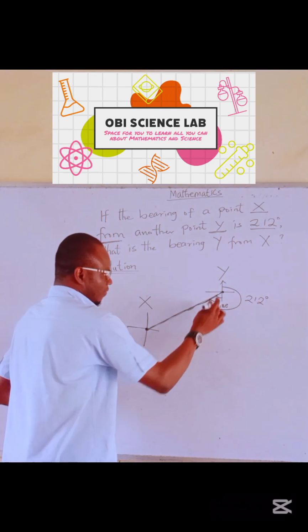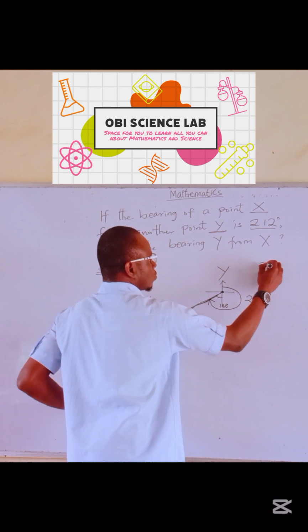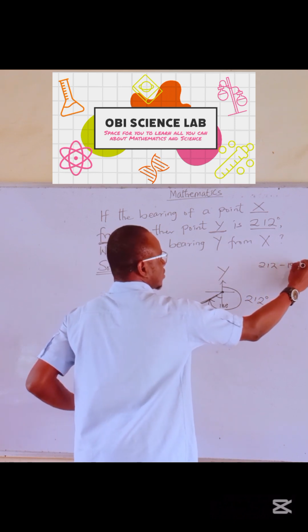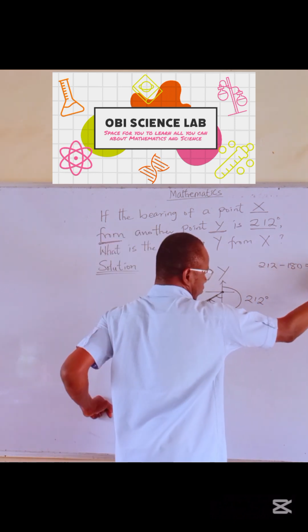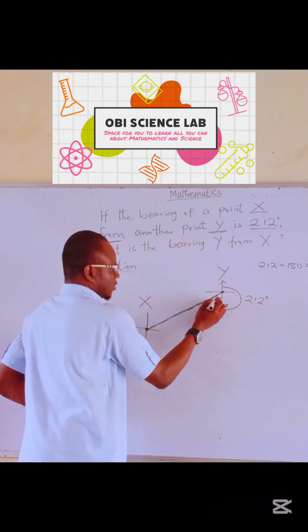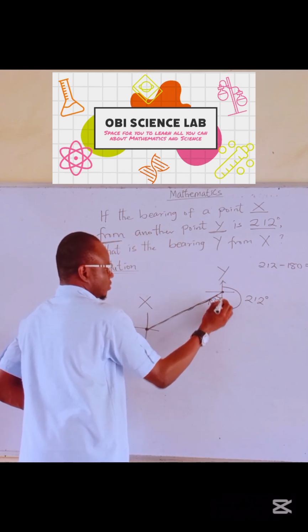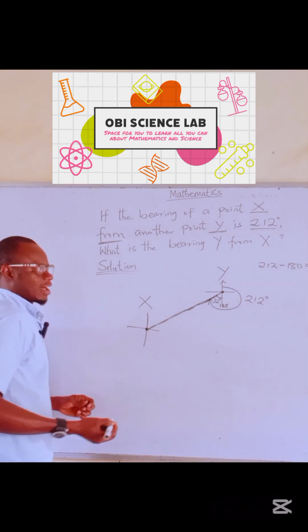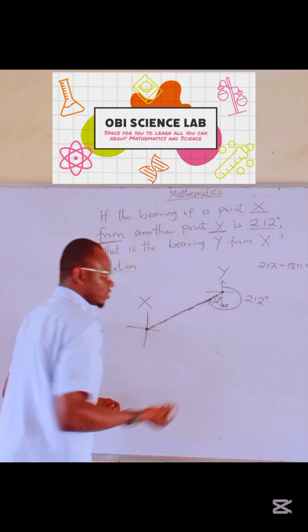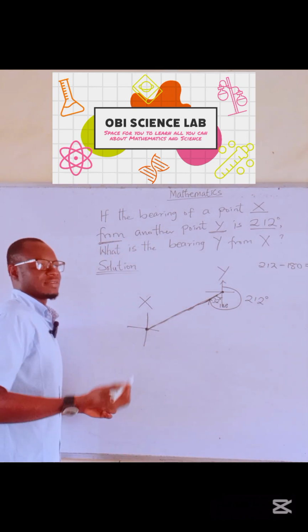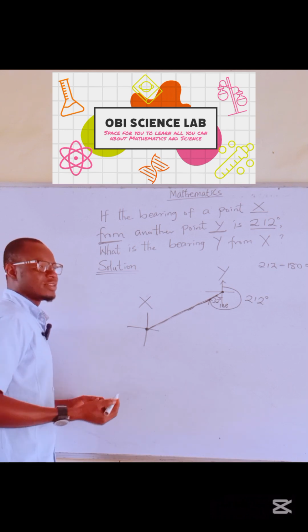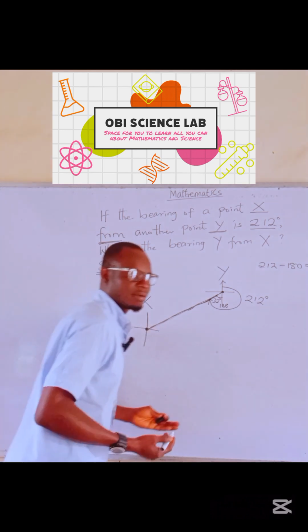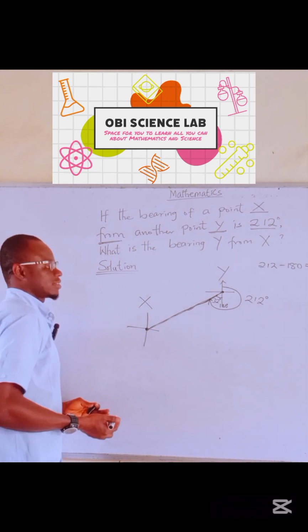For this, we're going to have 212 degrees minus 180. That should give us 32 degrees. So this small part is 32 degrees. This is done by knowing the measurements of the angles in the quadrants, knowing their boundaries and the maximum angle each of the quadrants can measure up to.